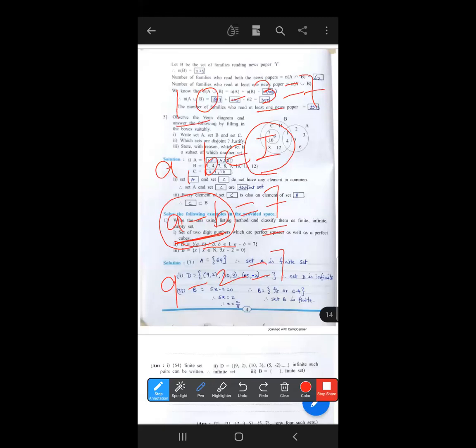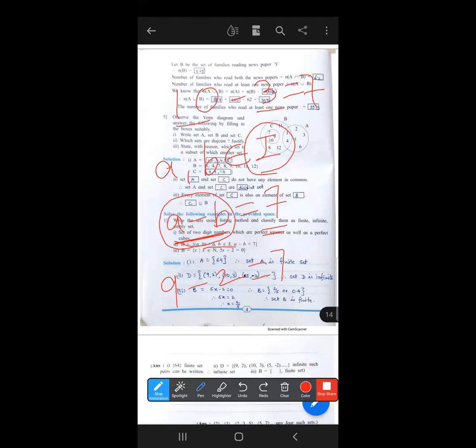Now, you know that when you draw a number line, students, it is infinite from both ends, from the positive as well as from the negative side. Why? Because natural numbers are infinite. We don't know which is the last natural number. Similarly, when we draw a number line, there are infinite numbers, positive as well as negative.